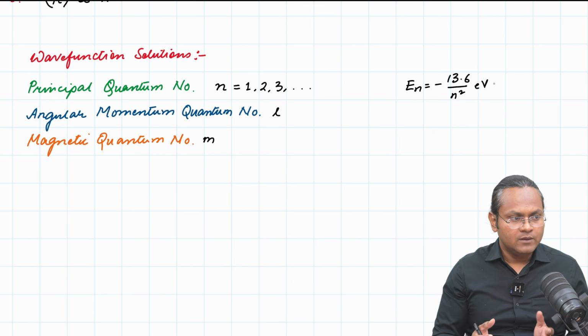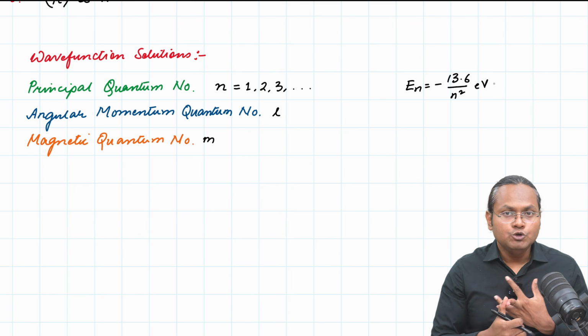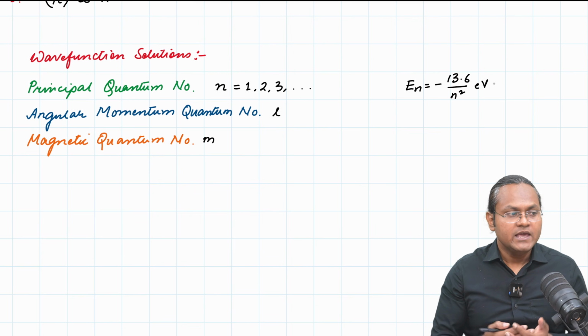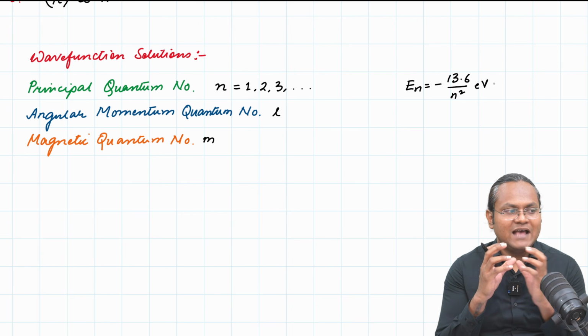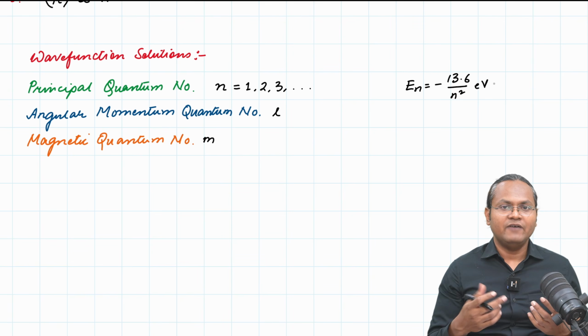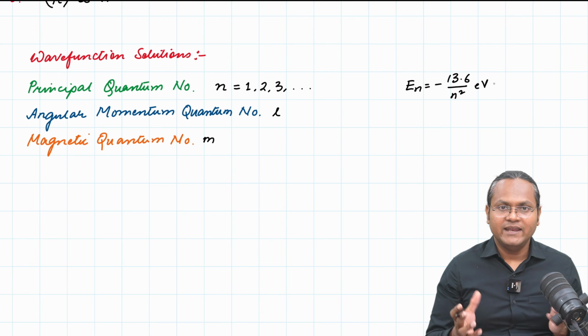The angular momentum quantum number and the magnetic quantum number, as I mentioned earlier, are associated with the magnitude quantization and the direction quantization of the orbital angular momentum of the electron. Even though the electron has a probability density cloud around the hydrogen atom, we don't really have a revolution type scenario going on in the quantum mechanical picture.